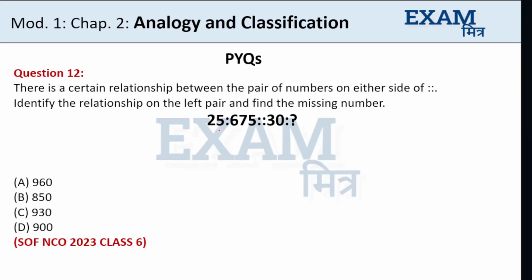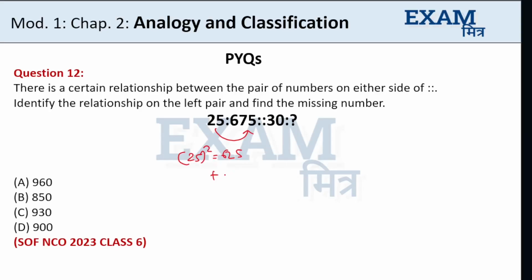So see how is this 25 related to 675? Do we have any number that is related to 25 and near to 675? Yes, it is 625, and 625 is the square of 25.